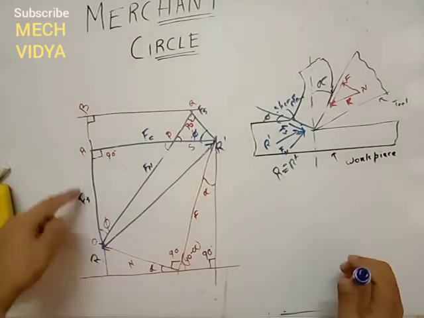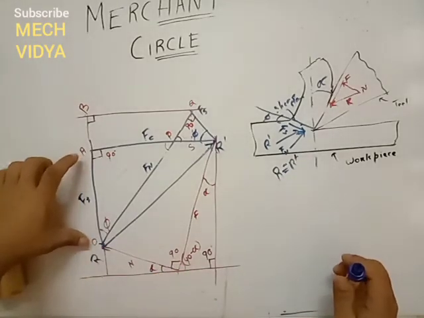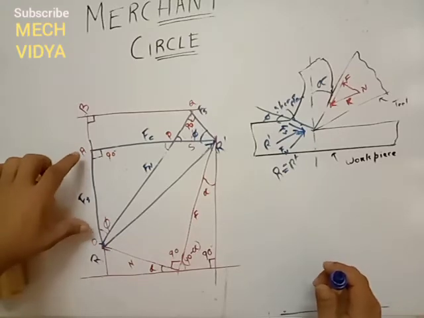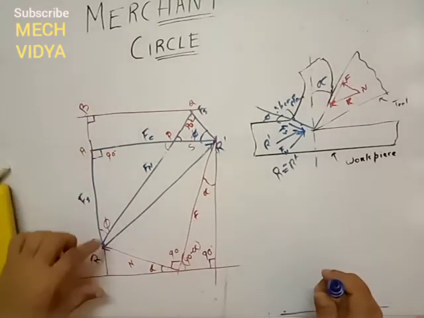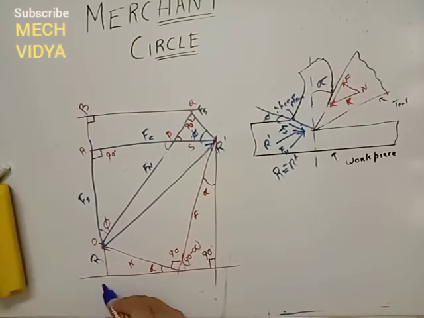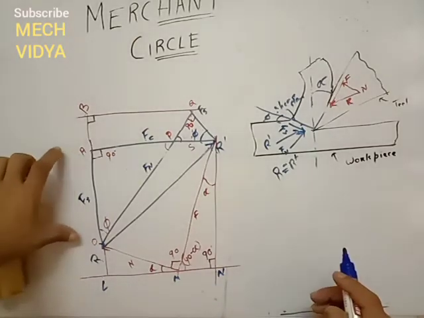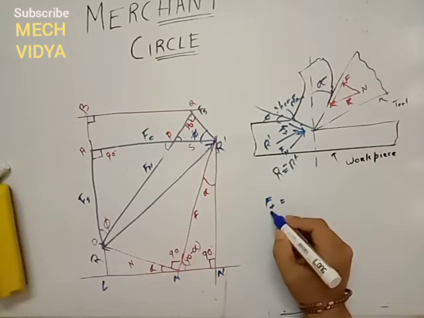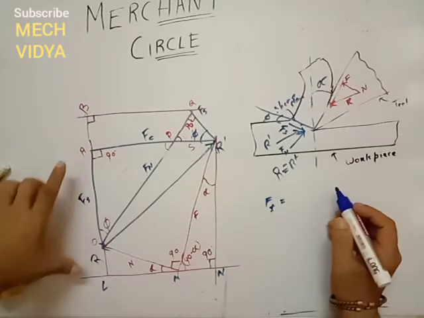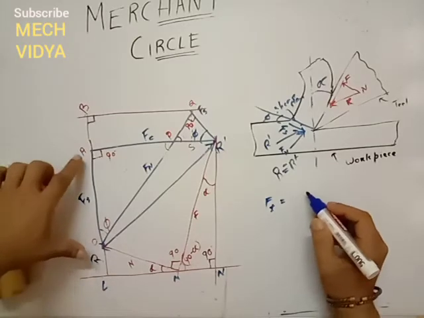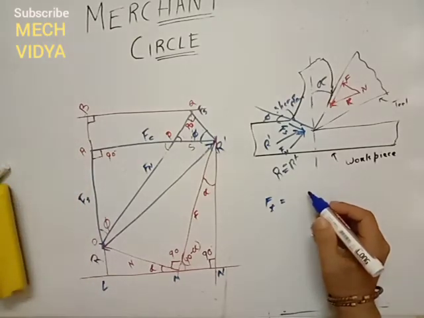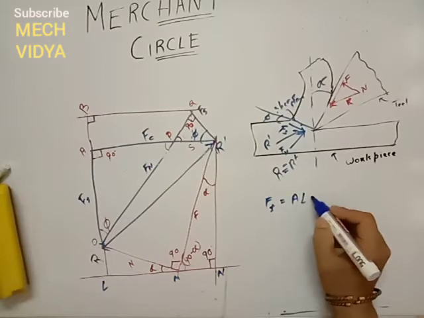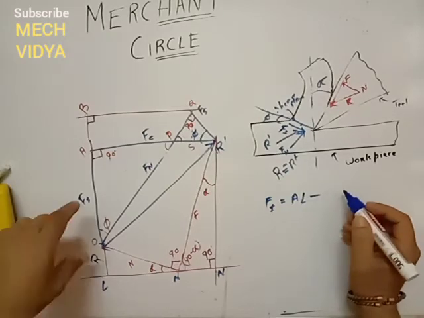Here we can write this Ft as this length plus this length. Let me name it as LMN. Okay, so Ft can be written as AL minus OL.